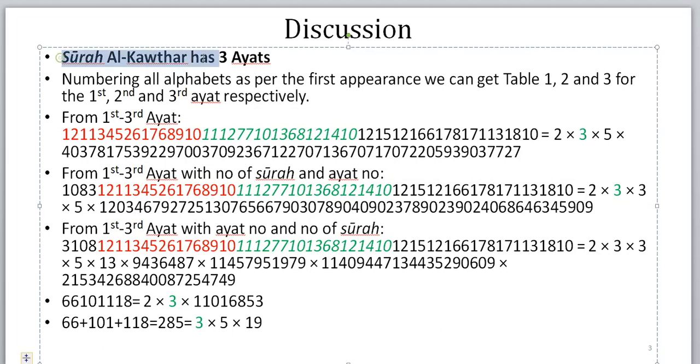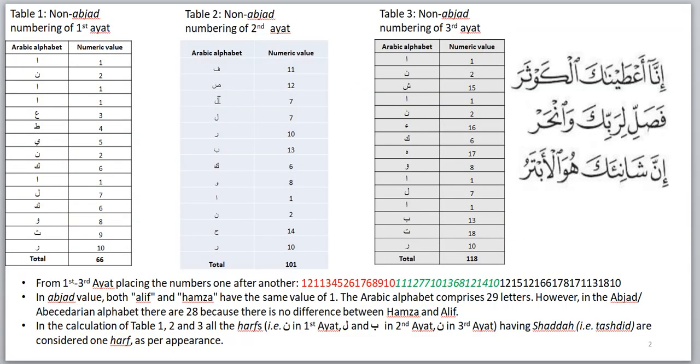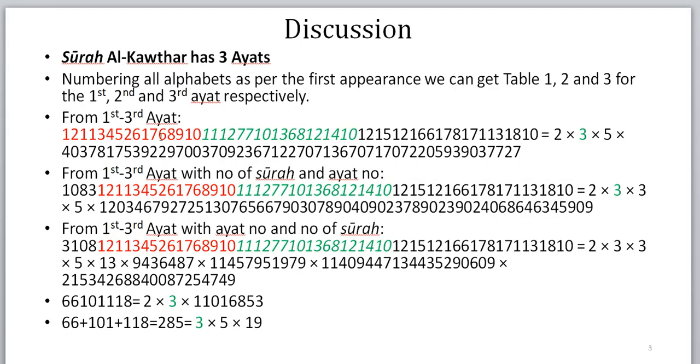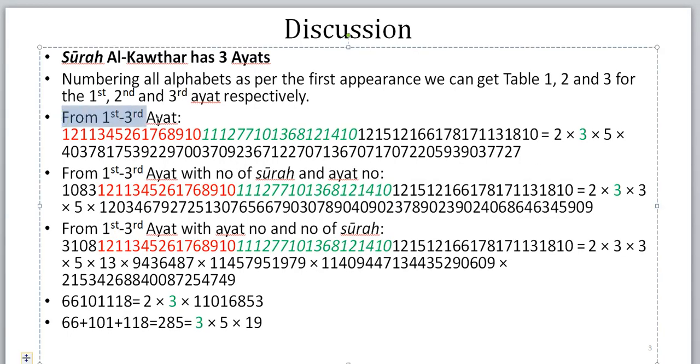We noted Surah Al-Kawthar has three ayats, numbering all alphabets as per the first appearance. We can get tables 1, 2, 3 from the first, second, and third ayat separately. From the first to the third ayat, we get this number, placing the alphabetical numbers one after another.